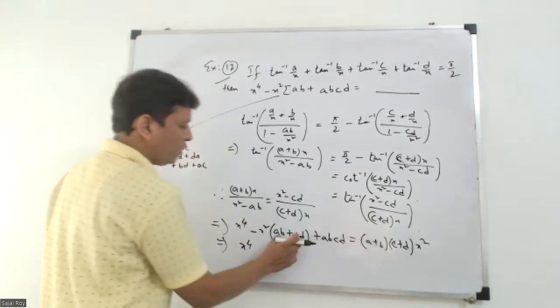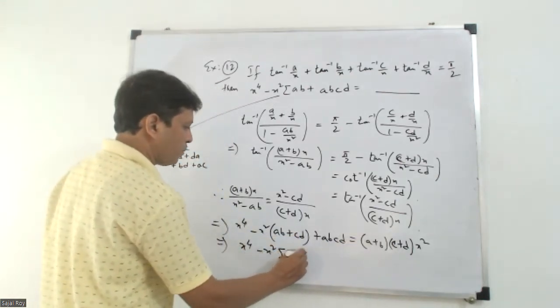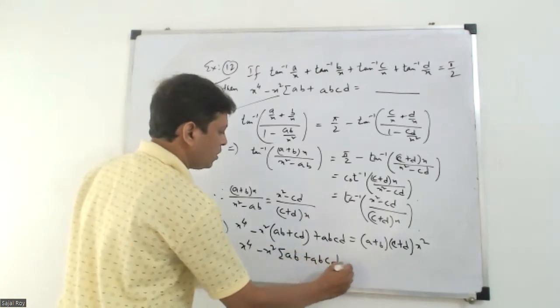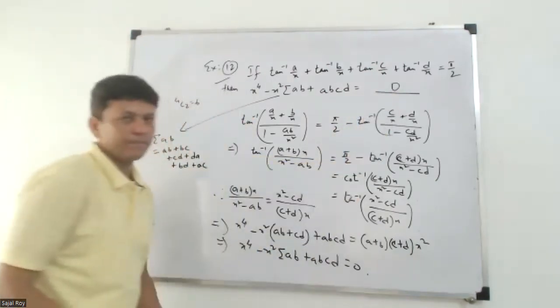Here you have 4 and 2 here, so you have x to the power 4 minus summation ab times x squared plus abcd equal to 0. So what is the answer? Answer is 0.